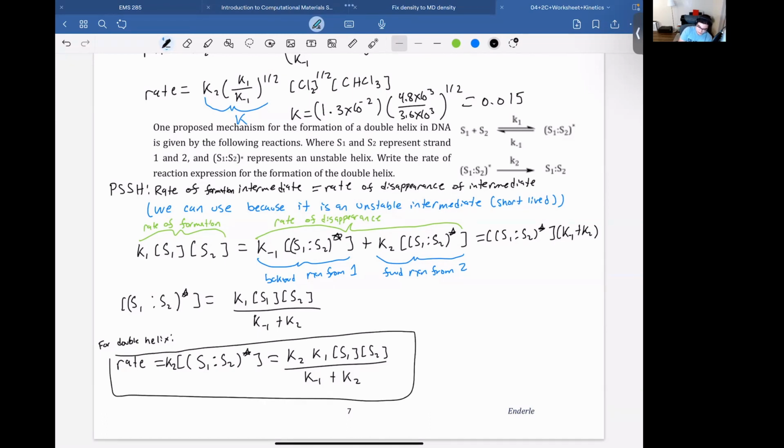There are two cases where you can say rate 1 is the rate determining step. If rate 1 is the rate determining step, you'll know that K2 is going to be much bigger than K1 and the inverse reaction, right? Bigger K means it's faster.